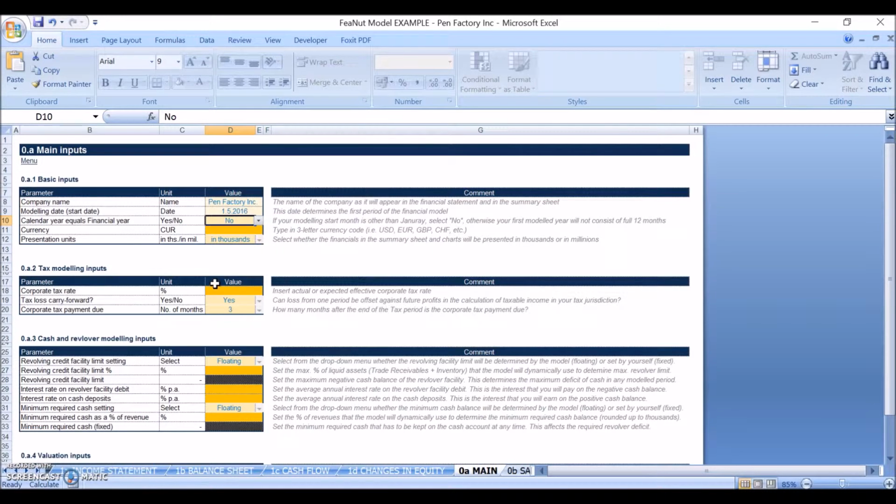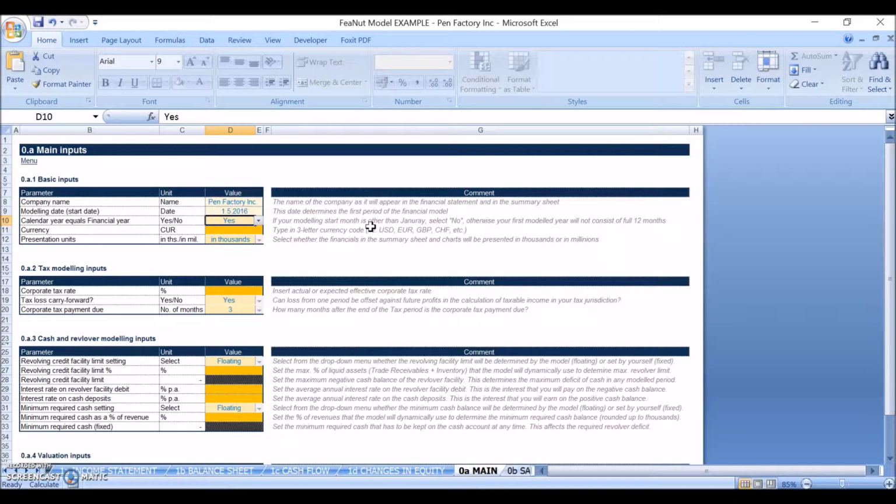If you will not change this indicator to no, if I return back and select yes in here, then in this case the model will start from the 1st May 2016, but it will still think that the calendar year equals the financial year.